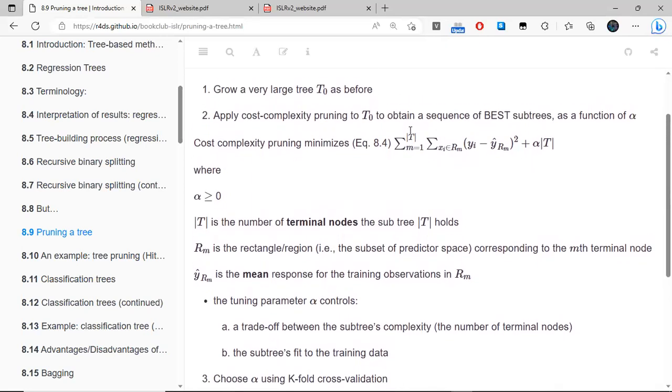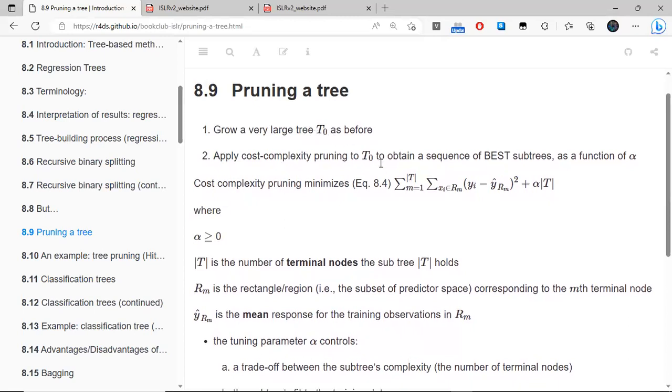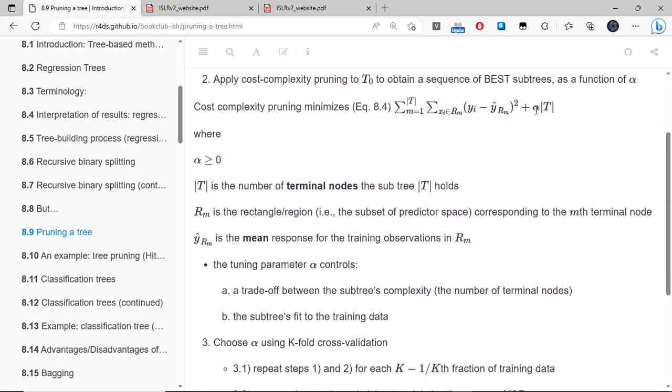The way they do this selection of the optimal subtree is very similar to lasso regression, because we're going to introduce a penalty term. In this case, a non-negative value alpha, and it's going to multiply the number of regions of your tree.